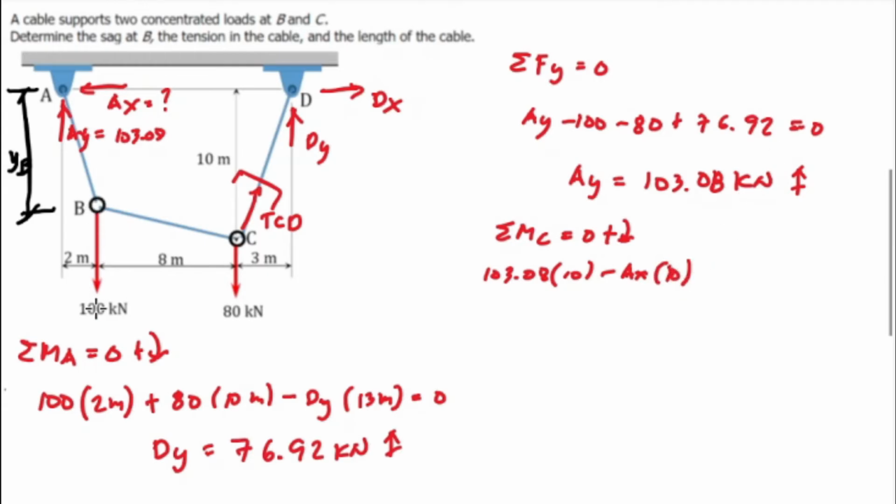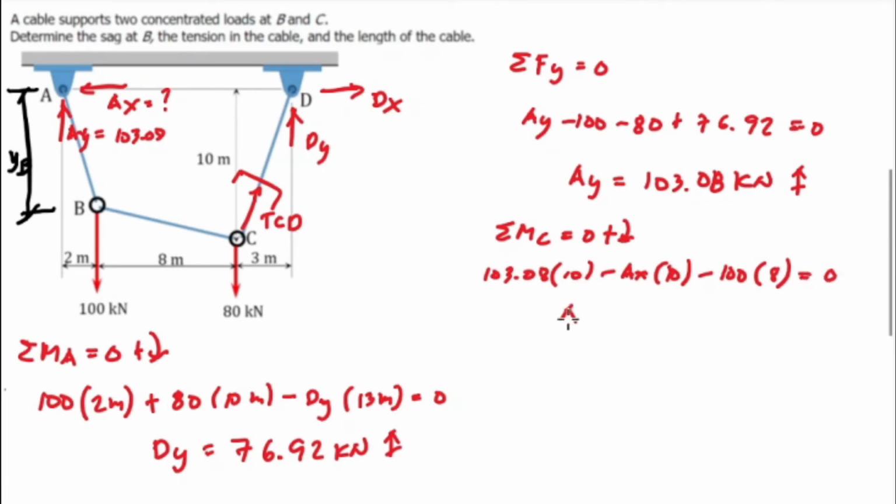Point B has 100 kilonewton, and the direction is counterclockwise about C, and the distance is 8 meters, so negative 100 times 8 meters. At point C, we have 80 kilonewton, however the distance is 0. At the same time, T sub CD is also 0, and equate that to 0.